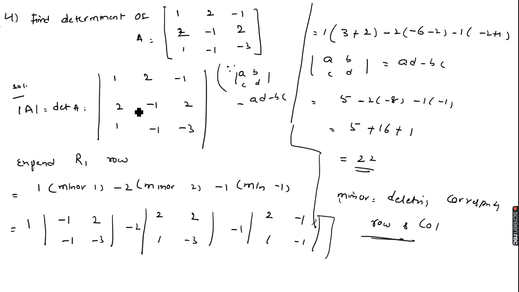This is 1 into minor of 1, remove the corresponding row and corresponding column. What is this one? This is nothing but first row first column. We get minus 1 2, minus 1 minus 3, and the minor of 2 is nothing but first row second column. We get 2 2, 1 minus 3, and the minor of minus 1 is nothing but first row third column. We remove that, we get 2 minus 1, 1 minus 1, and we have the determinant of ABCD. The determinant of ABCD is nothing but AD minus BC, and we simplify, we get the answer 22.